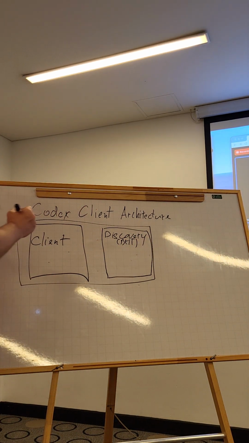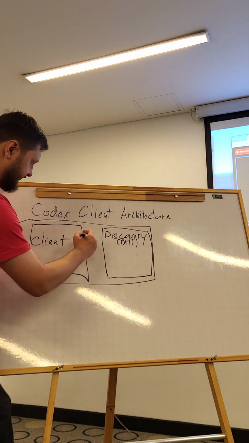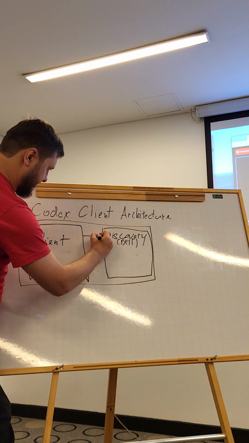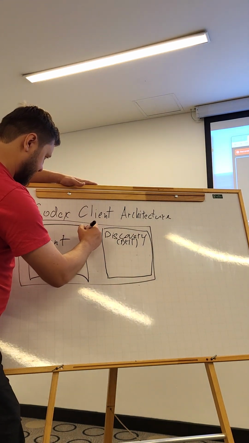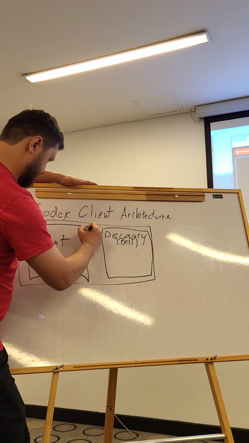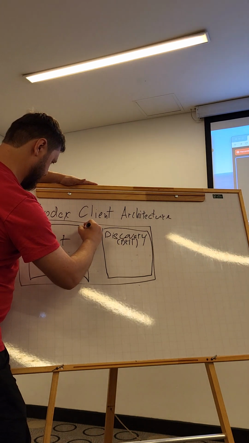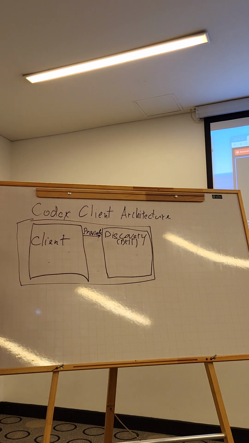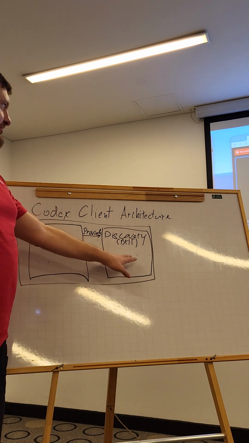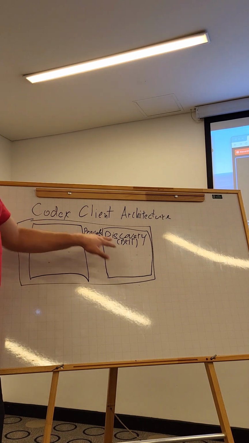So the client does several things. It announces to the DHT that it has some blocks. It's called provide. The way that we're using the DHT, there are several ways of using it, but in our case, we're using the DHT as a finger table.